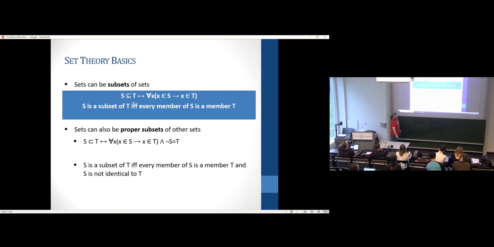But it's not that I am a citizen of Tilburg, so I'm also a citizen of the Netherlands. Again, there's a relationship we can talk about if this first set is a subset of the second one. Because to be a subset means everyone who's in the first is also in the second.